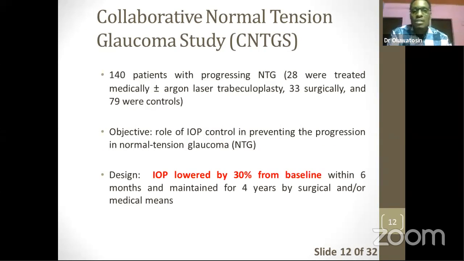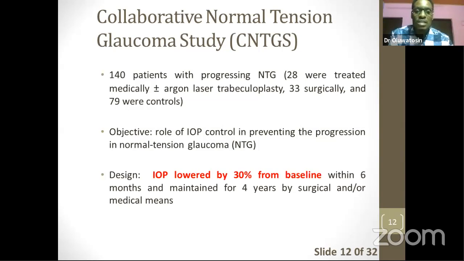In the collaborative normal tension glaucoma study, there were 140 patients with progressing normal tension glaucoma. There were two groups: a group that had 71 patients and a group that had 79 patients.